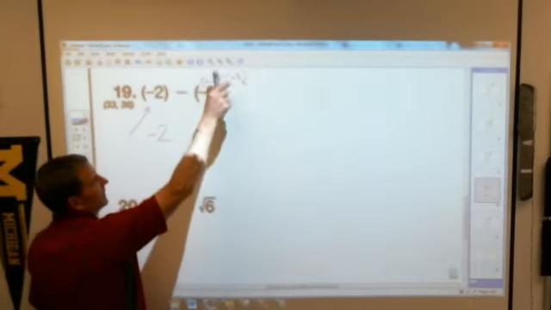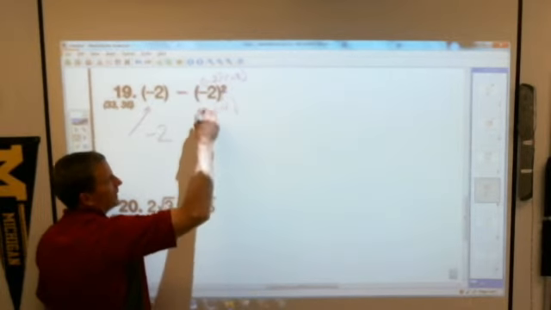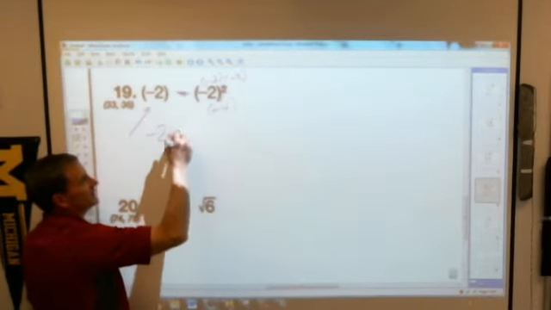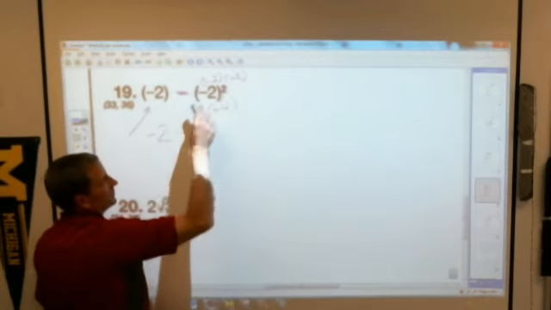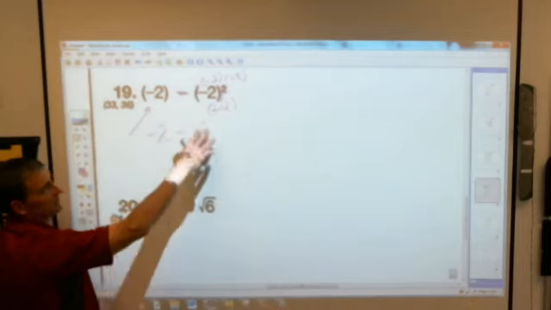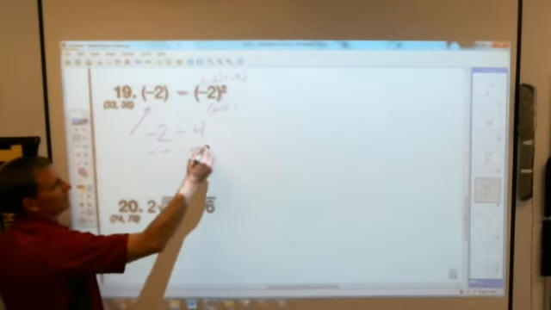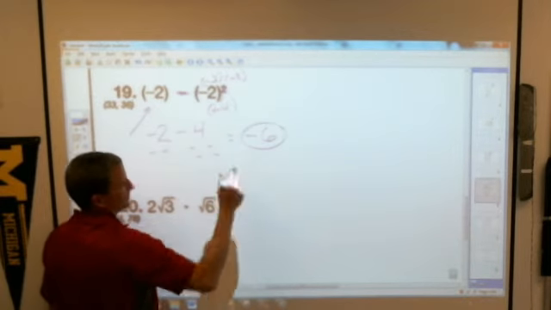A -2 times a -2 is a +4. But there's still this one hanging out there, so a negative and a positive makes it a -4. 3 negatives there will give you that negative there. And then this is not multiplication, this is addition. -2 and a -4 gives you 6 negatives, -6.